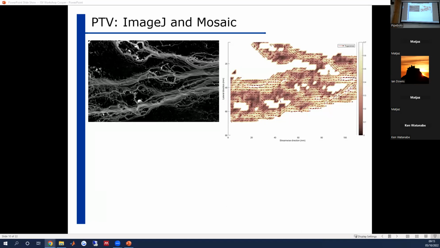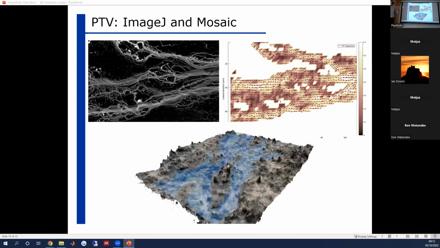We collected imagery at 80 frames per second for 120 seconds, and then we gridded those resultant trajectories into a 10 by 10 millimeter grid. That was really a balance between having a sufficiently large size that we have enough tracks within that grid to get a good time average, versus it being too large that you're averaging out the spatial information that you're interested in.